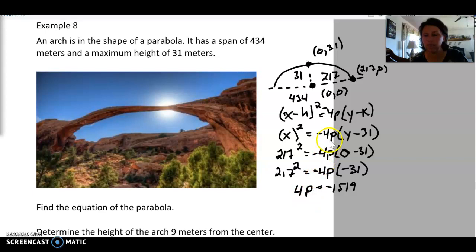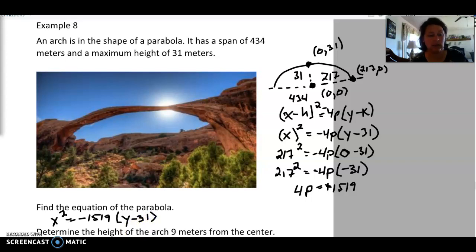So now that gives me a good equation. I'm going to plug that 4p back in. That does have to be negative, so we're going to keep the number negative. So we get x squared equals negative 1,519 times y minus 31. And that's our equation.